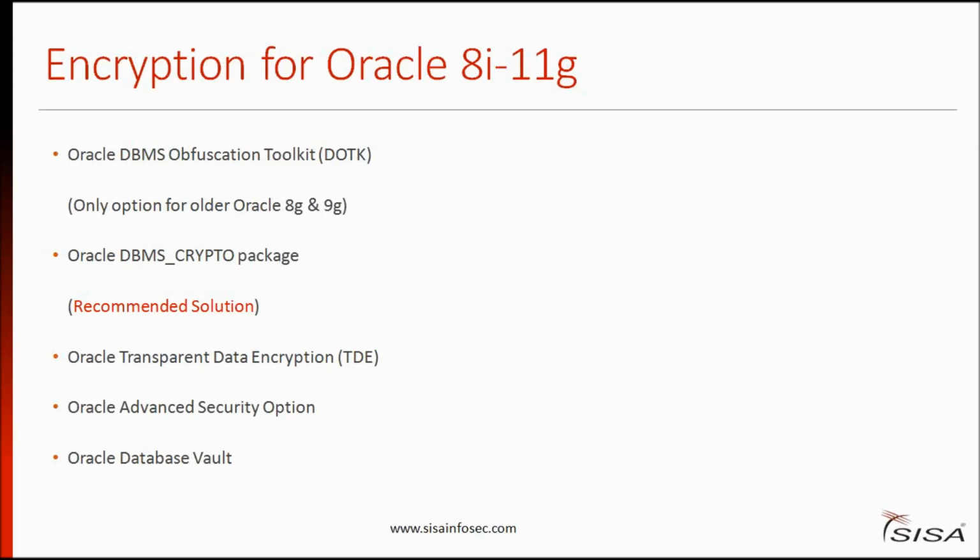For example, Oracle provides something called the Oracle DBMS Obfuscation Toolkit, or DOTK. DOTK is still available for Oracle 10G and 11G, but it's expected to be labeled as obsolete by Oracle in the future, because it's promoting the DBMS crypto, which provides a better key management process.